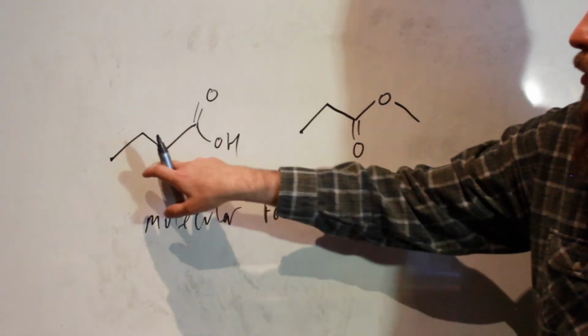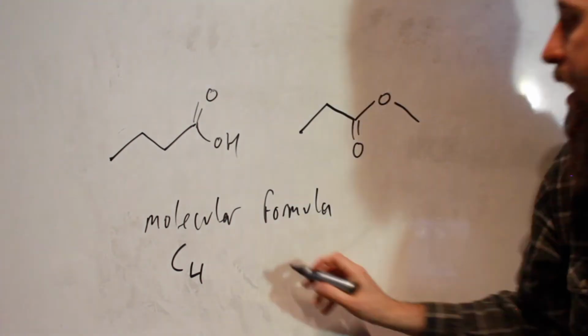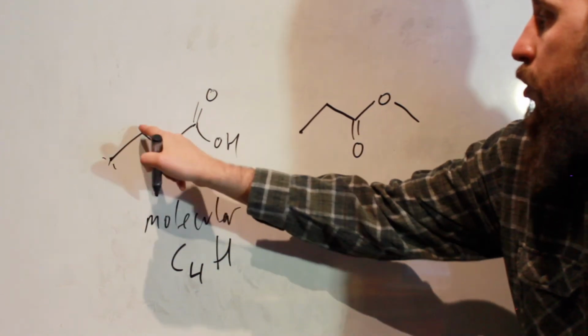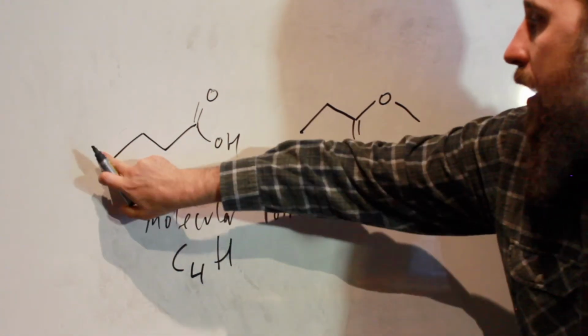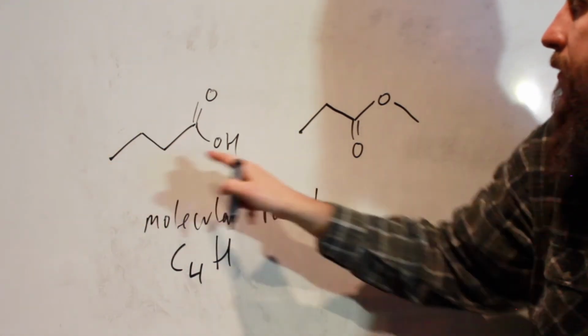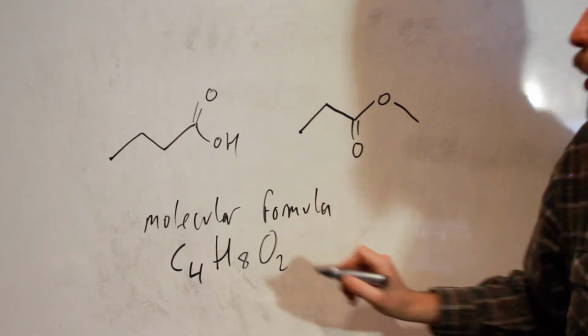We got 1, 2, 3, 4 carbons. So it's C4. How many hydrogens? We're going to have 3 hidden hydrogens there, 2 hidden hydrogens there, 2 hidden hydrogens there, and 1 on the end. So 3 plus 2 is 5, 7, 8. H8. And then we're going to have 2 O's. What about over here?